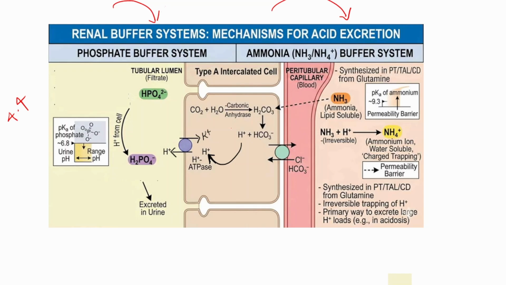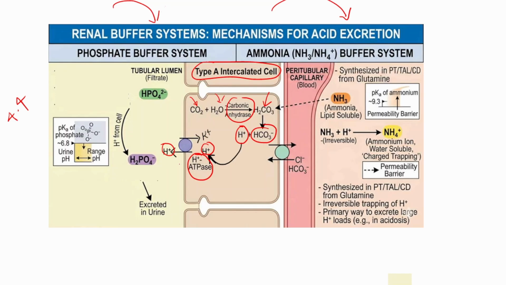Before looking at the buffers, look at the cell engine itself. Inside the type A intercalated cell, carbonic anhydrase hydrates carbon dioxide and water into carbonic acid, which splits into a proton and a bicarbonate ion. On the apical membrane facing the lumen, the hydrogen ATPase pump actively handles primary active transport, pushing the free protons out to the lumen.